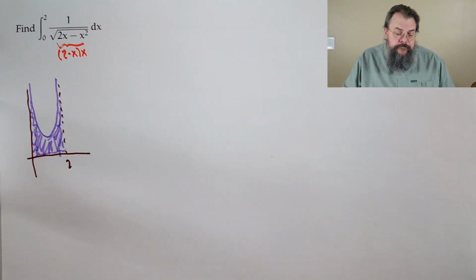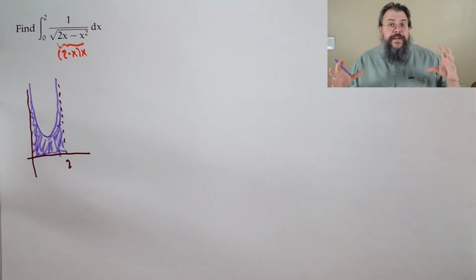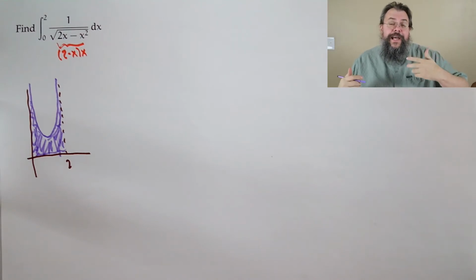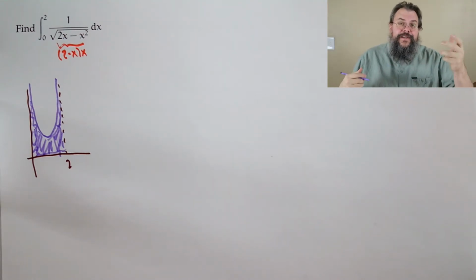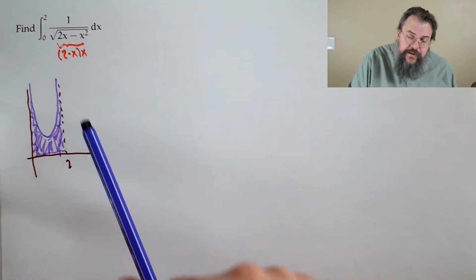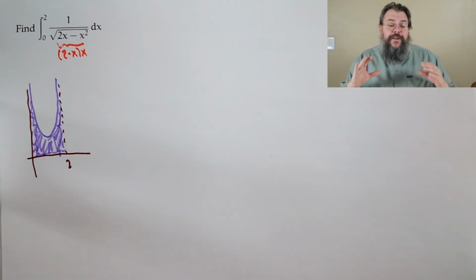When we see square roots and the inside is not a perfect square, we don't see a nice substitution where, if I make a substitution on the inside, there is something sitting on the outside. That's not happening. And we do see that there's a square inside the square root. So this is looking pretty promising for trig substitution.